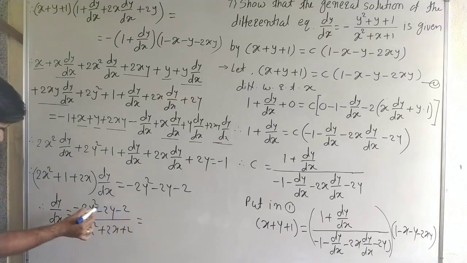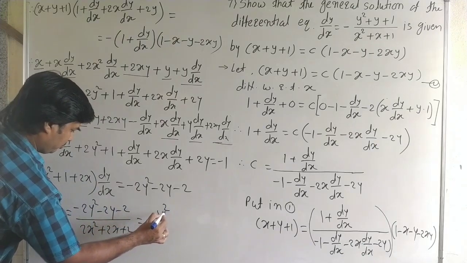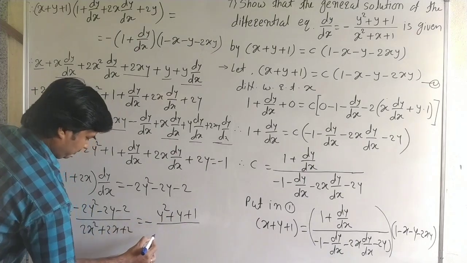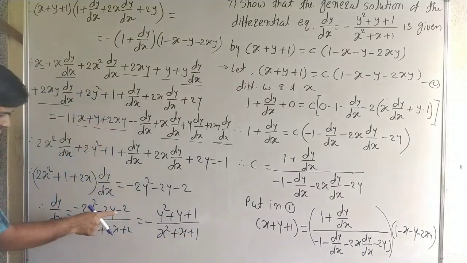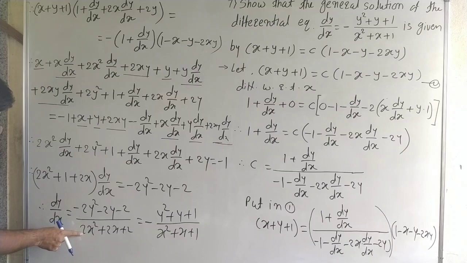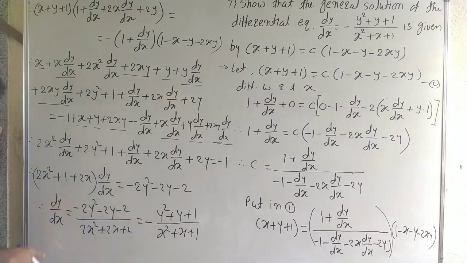And now here minus 2 and these 2 get common, we get minus y square plus y plus 1 upon x square plus x and plus 1. Here minus 2 common, 2 common, and then 2 get cancelled, it is a minus, and here dy by dx is equal to this.